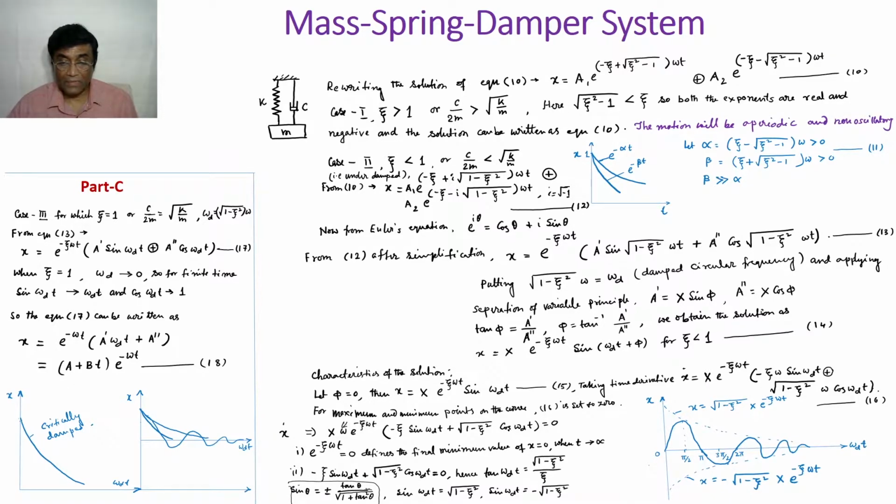So from here you can calculate, this is equal to 0, means sine divided by cos. Simple. Just take a notebook and do it, please. So tan omega dt will be equal to root over of 1 minus zeta square by zeta. Okay, and sine theta is plus minus this because we are trying to figure out the envelope.